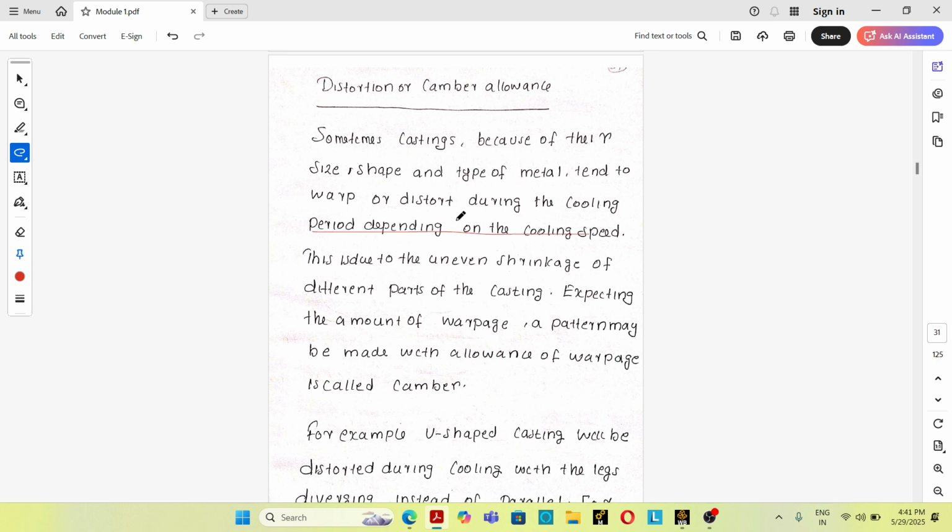Due to the high cooling speed, there is a chance that the casting will distort. This is due to the uneven shrinkage of the different parts of the casting. So we provide some allowance in order to overcome these cooling defects like warp or distortion. That allowance is known as distortion or camber allowance.